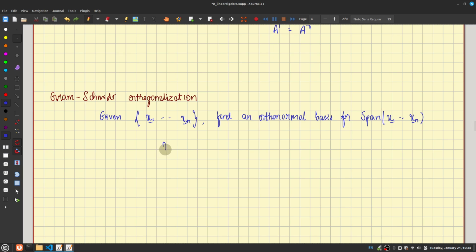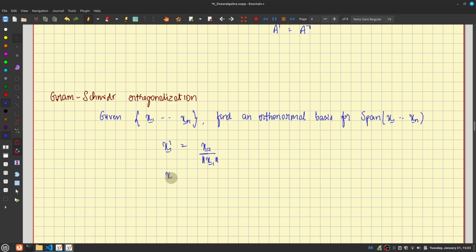You first take x1 and you normalize it. So that's your first vector in your orthonormal basis.